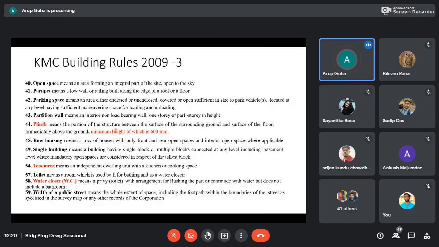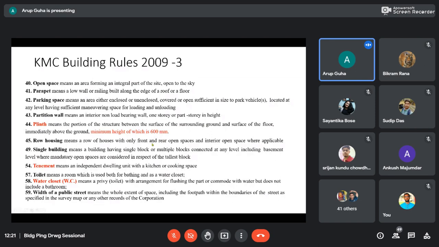Plinth means the portion of structure between the surface of the surrounding ground and surface of floor immediately above the ground. So that is the ground coverage by the building, and that plinth should be 600 millimeters above the ground level, at least. Okay, because during the rainy season, your place might be inundated.